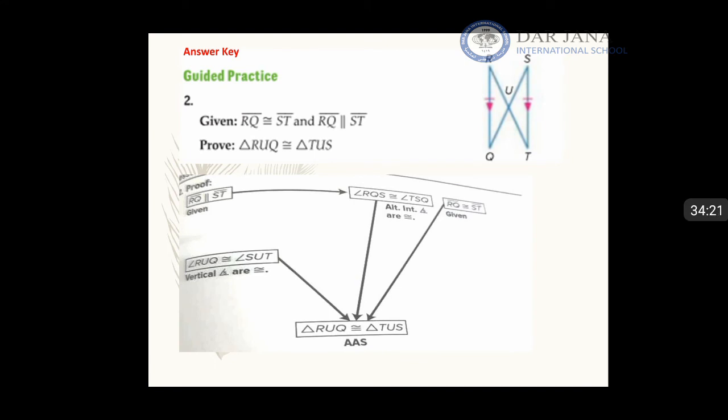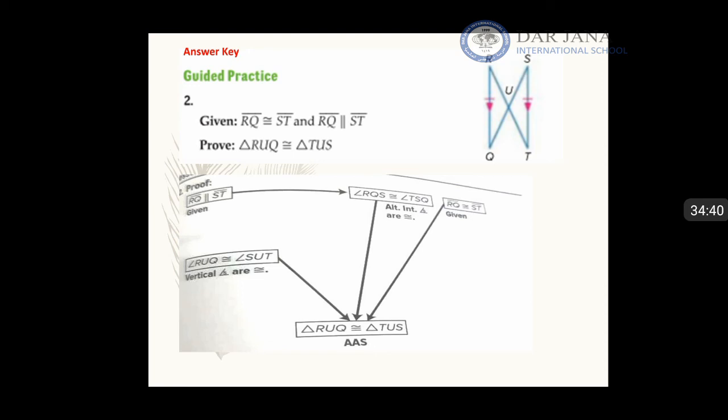So in exercise number 2, the given now is that RQ is congruent to ST and RQ is parallel to ST. What we have to prove is that the triangle RUQ is congruent to the triangle TUS. We're going to start with writing down the given.